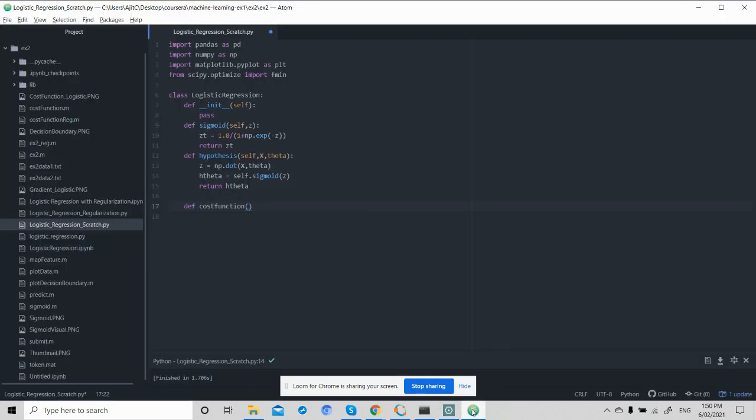So my cost function will be, with theta, x, y, and n will be my x dot shape.